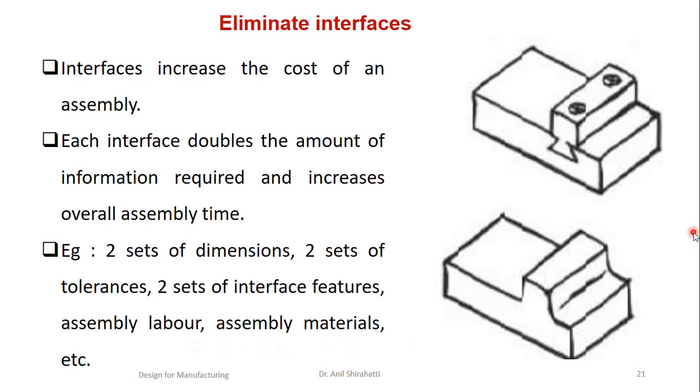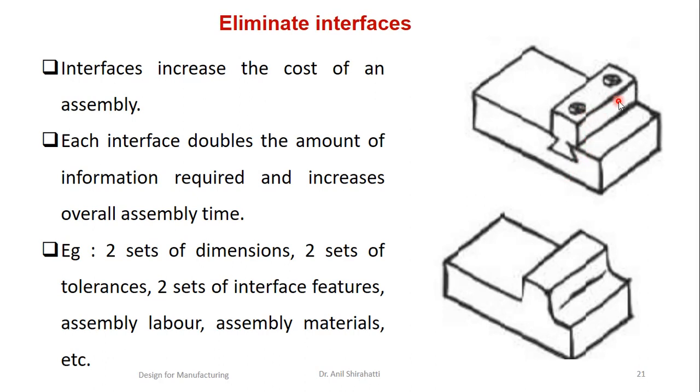So let's see this example. One part, the down one, then the second part, and then you are screwing them together. So what happens? I have to give two sets of dimensions and tolerances. There is some interference fit. This part should have less, let's say, this dimension compared to this one, so that they can easily fit.